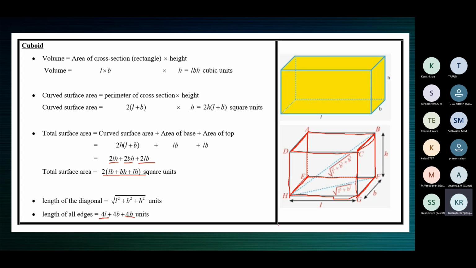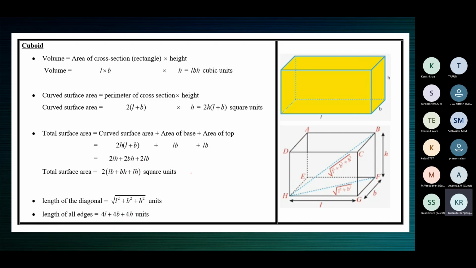And then the length of the diagonal. So diagonal is the line segment from one bottom corner to its opposite top corner. You can see that BH is the diagonal. The diagonal of a rectangle is given by the formula root of L square plus B square.